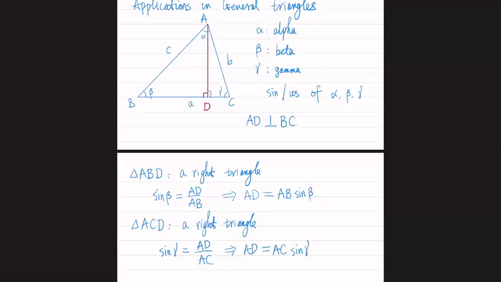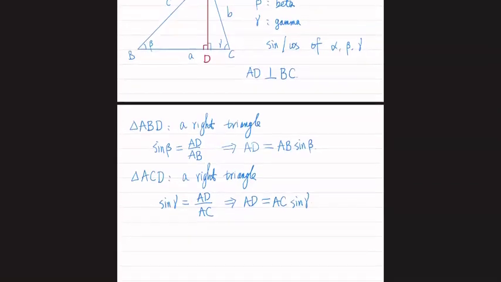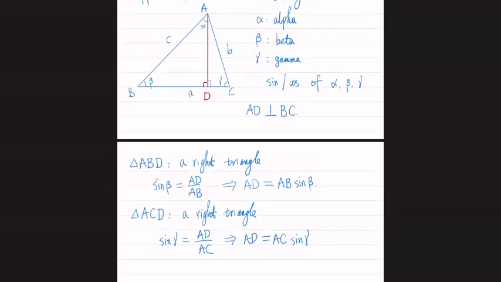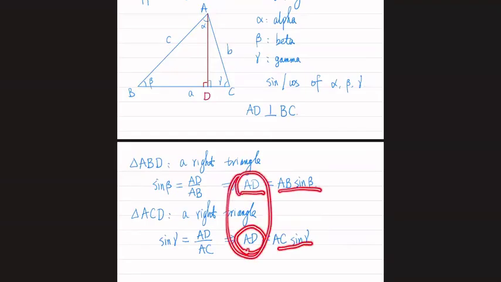Question about this step. The first one, we use the left half to get the formula for AD. We use the right half to get the second formula for AD. The two formulas are for the same segment, so they must be the same.